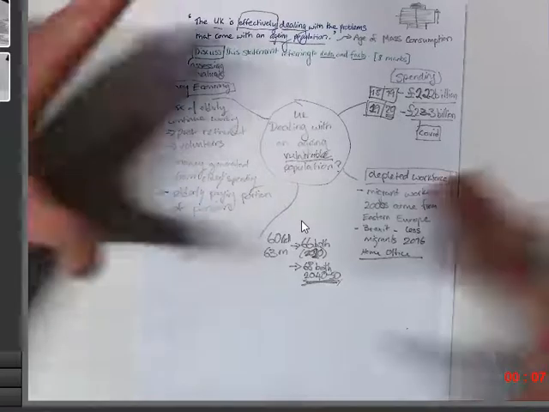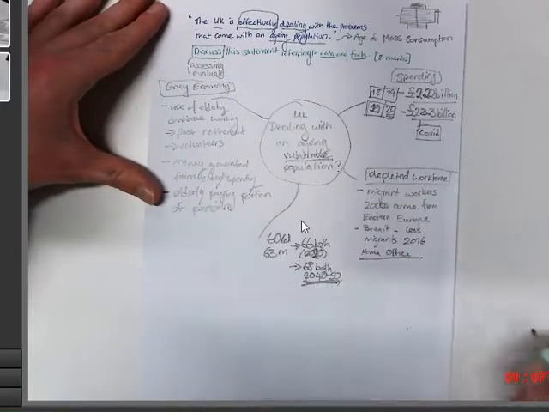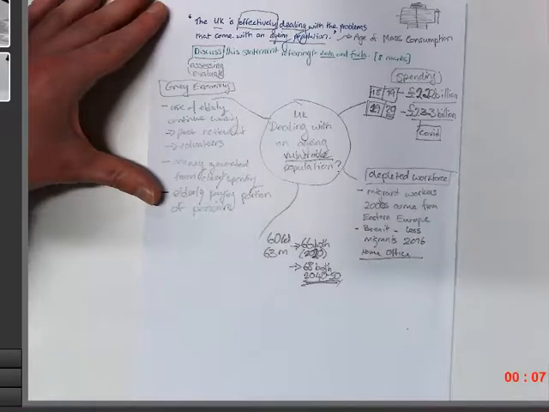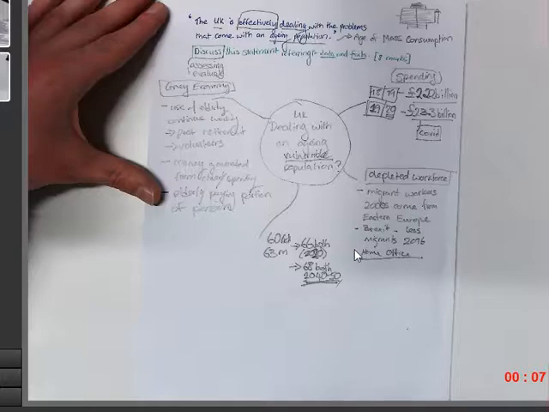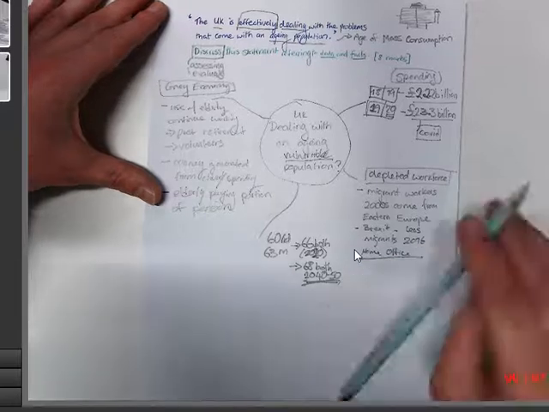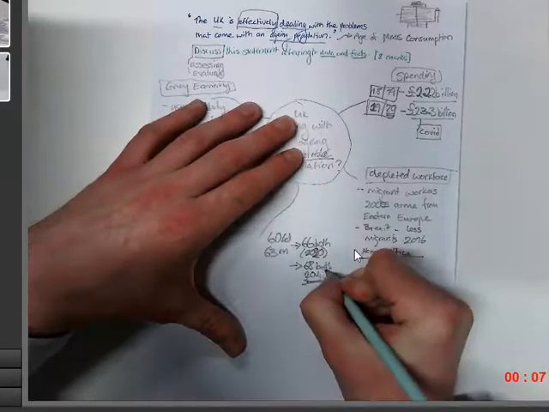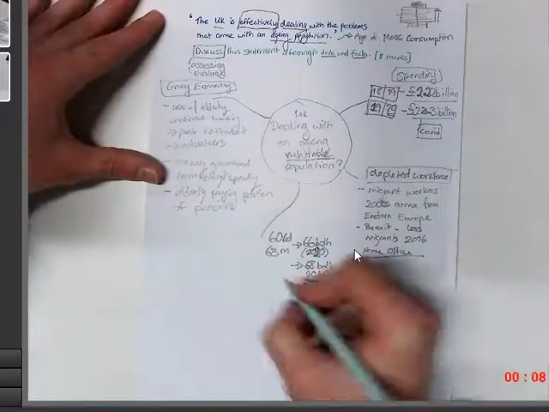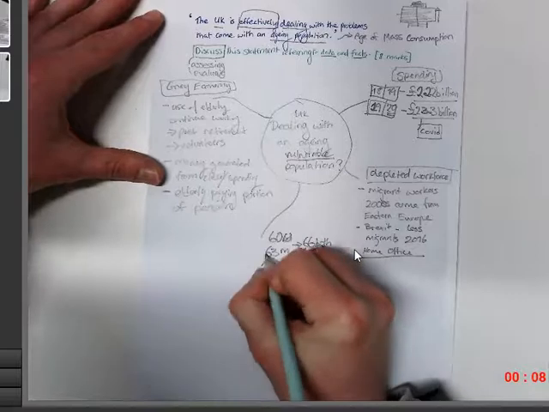I know I've given you the exact date, but there's a lot of information here, and those exact dates are not popping into my head right now. But do look it up in your textbook. You do have the textbook information here. Actually, here, 2046 is when it happens. So 2046. Just erase this. It's going to be an important year for the UK's economy because it's going to increase the age of retirement to 68 in that year.